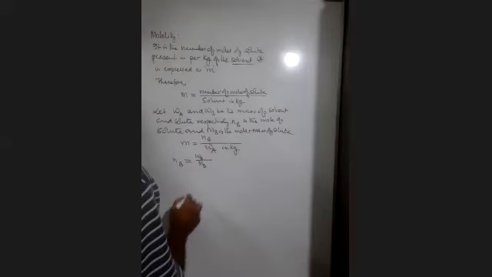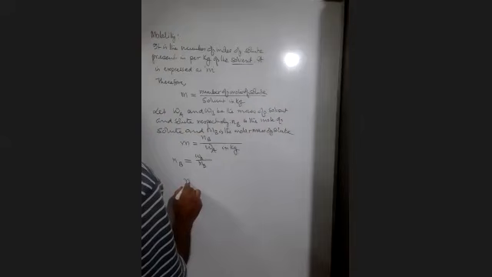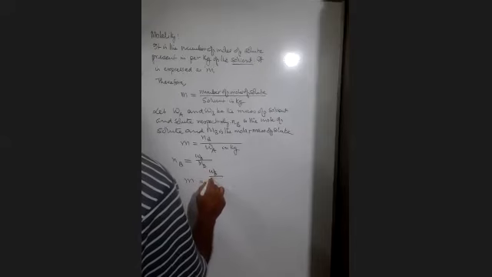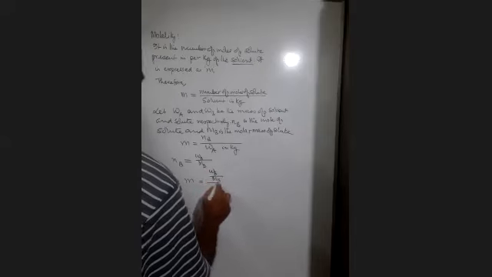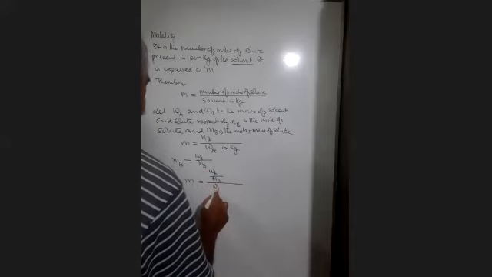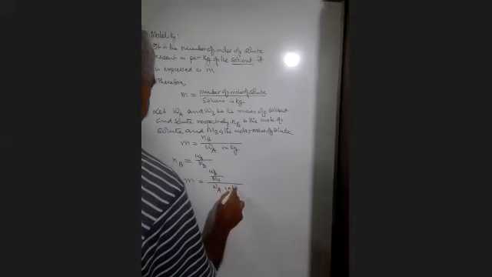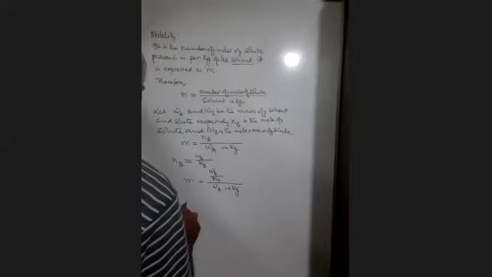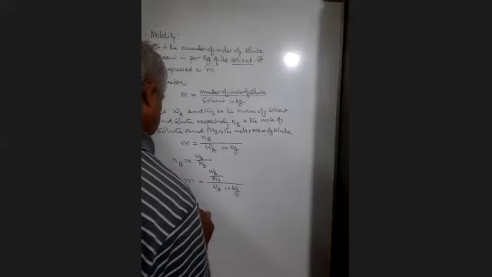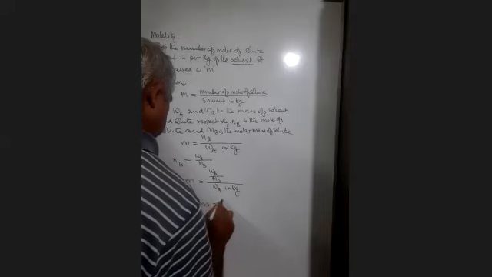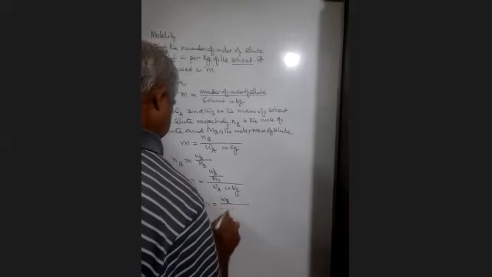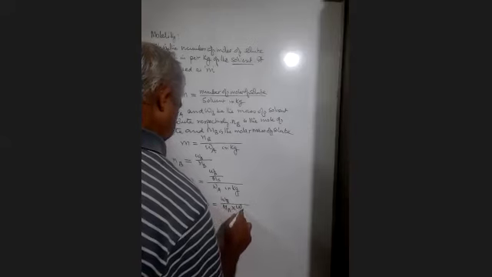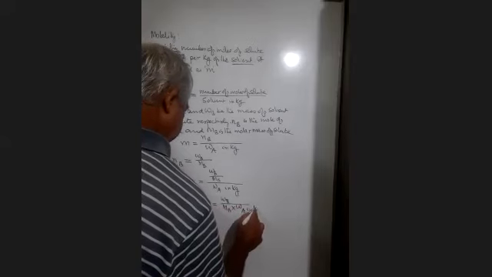So let me put it here. m is equal to WB by MB divided by WA in kg. Or I can write m is equal to WB by MB into WA in kg.